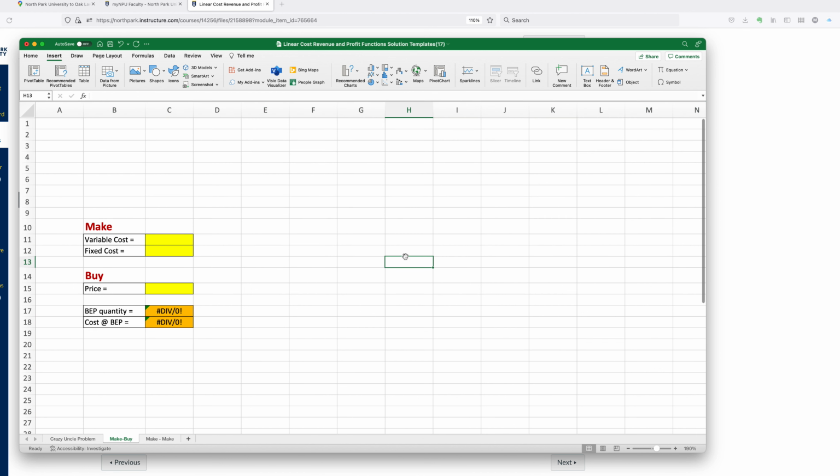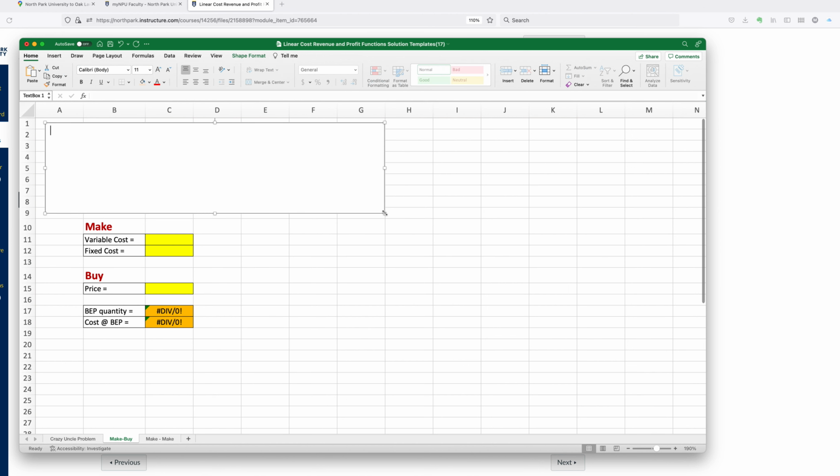What do I want to put in now? I want to put in a text box. There's a text box. Consider the previous problem.